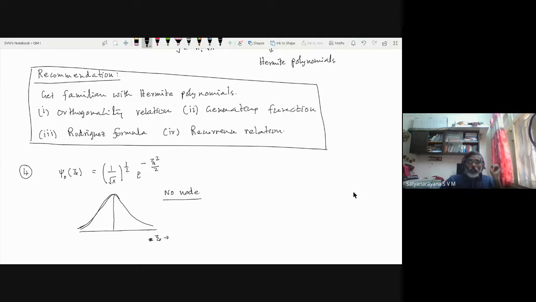Okay, and so this is the wave function, and the probability of this one is the square of this. That is, the probability density for n equal to 0 is basically modulus psi 0 of xi the whole square, which is given by 1 by root pi into e to the minus xi square, which also looks somewhat like this one.